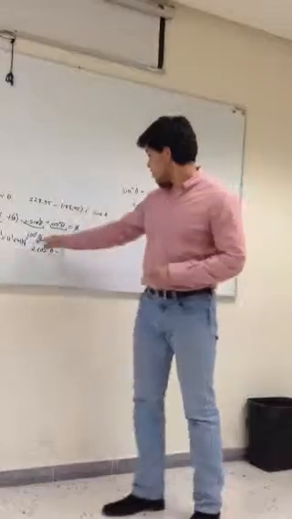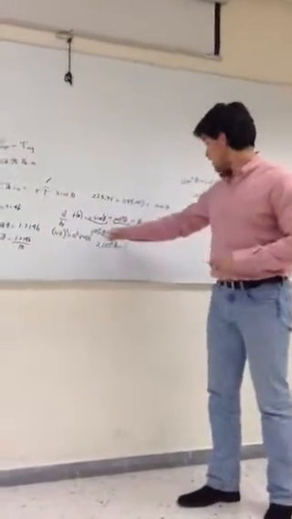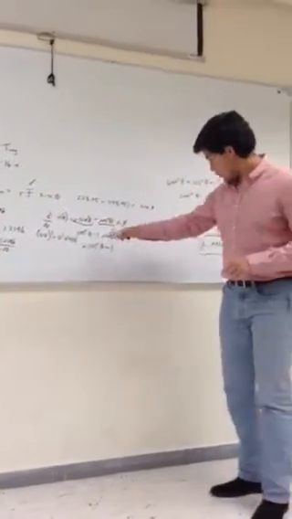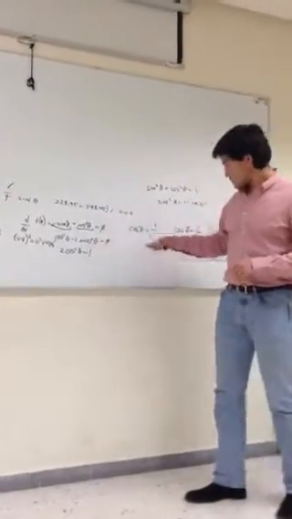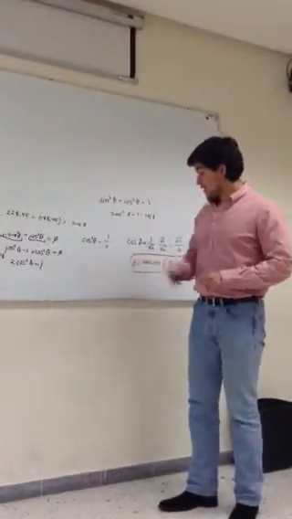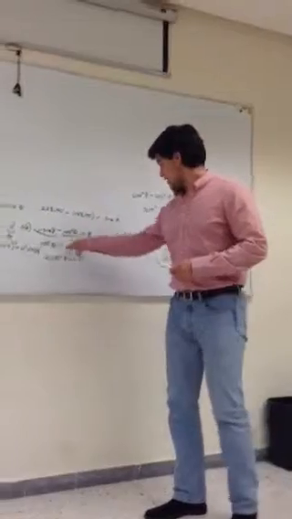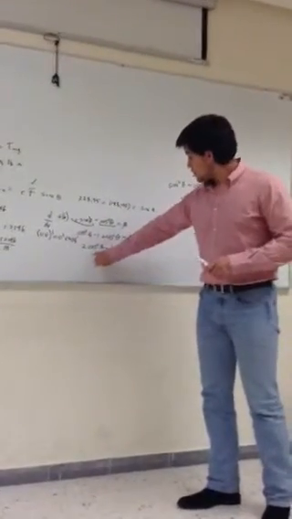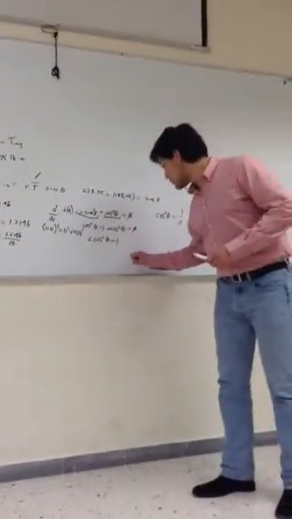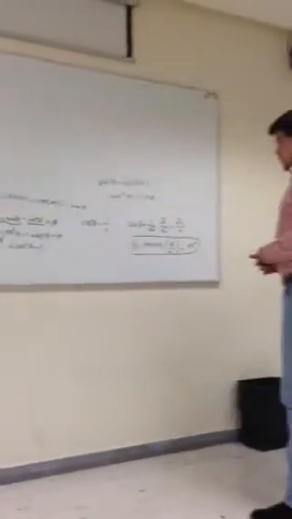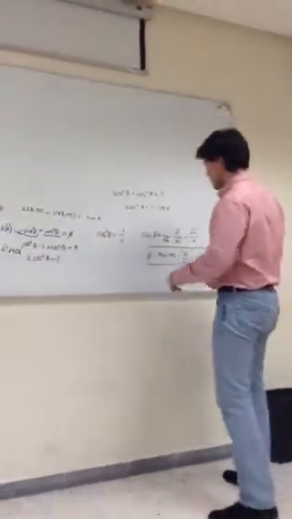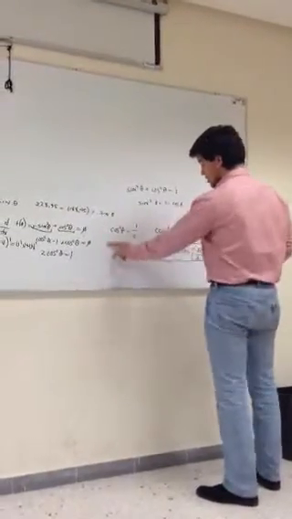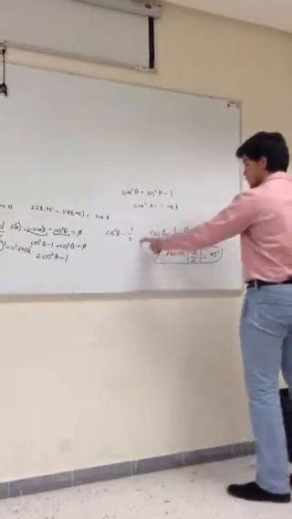So now I have cosine squared of theta minus 1 plus cosine squared of theta equals 0. So, adding this up and passing the ones to the other side, we have 2 cosine squared of theta equals 1. So then I get the value of theta here, which is cosine squared of theta equals 1/2.